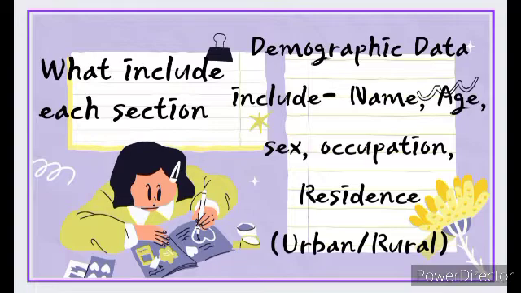Occupation: whether he or she is a businessman, a serviceman, a labor or in another service. There are many types, not only labor. There are professional individuals like teachers, doctors, engineers, and some social service providers also.